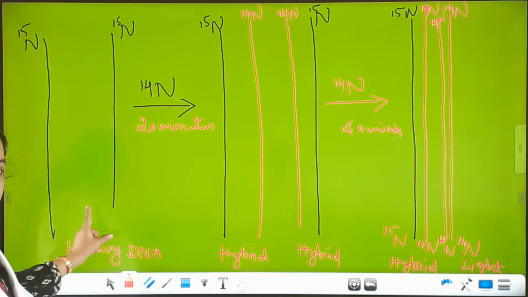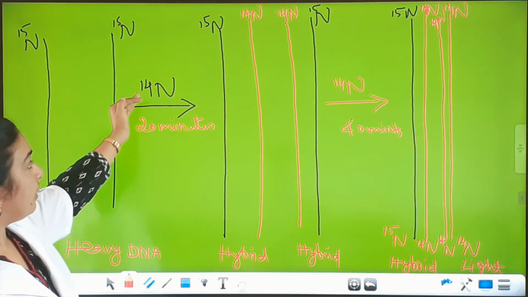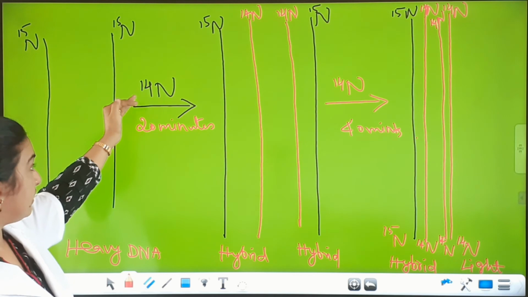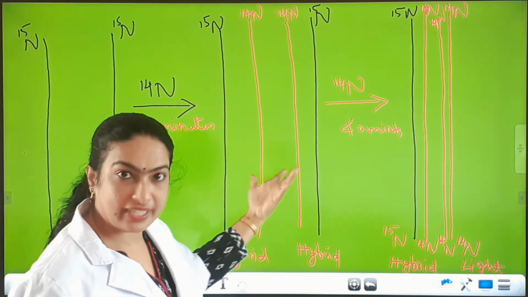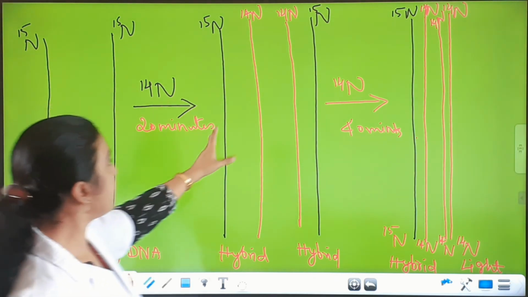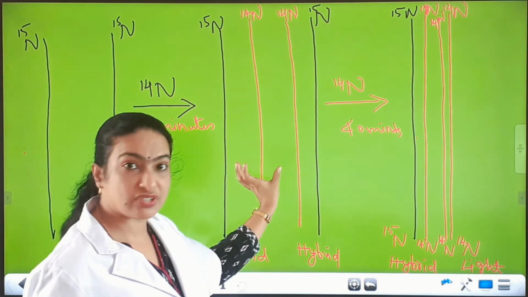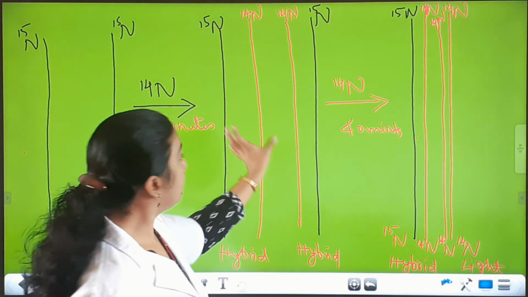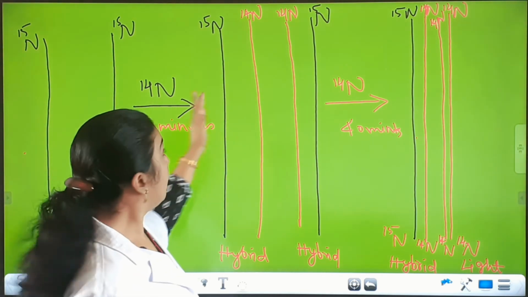Okay. So heavy DNA, when it is allowed to grow in the medium containing light nitrogen, after 20 minutes they replicate, and during replication the two strands act as template strands. Here the two template strands form new strands and both the new strands are incorporated with N14.